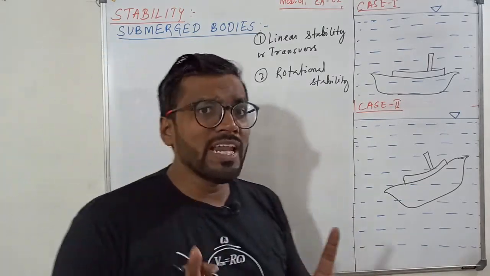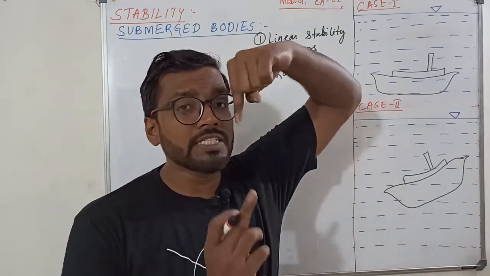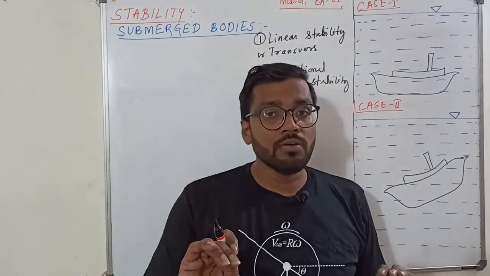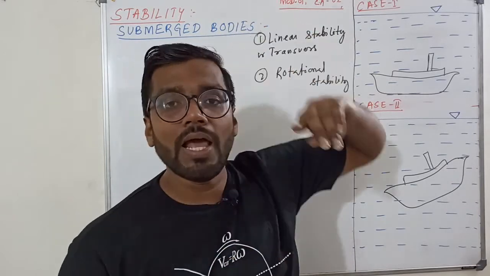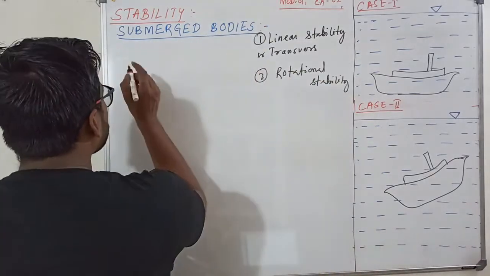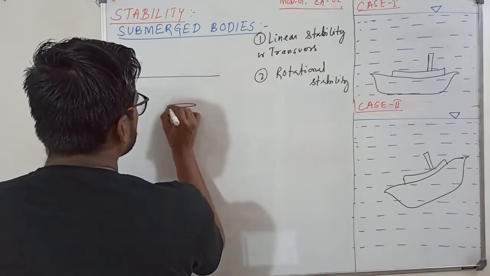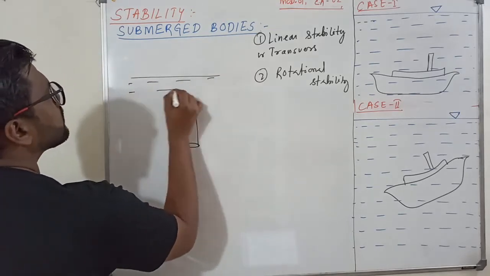Now, if a body is in static equilibrium, the weight and the buoyancy force balance each other. So now we'll take a case where the body is completely submerged. This is what we are going to study.